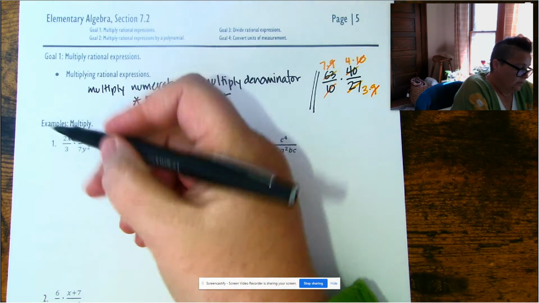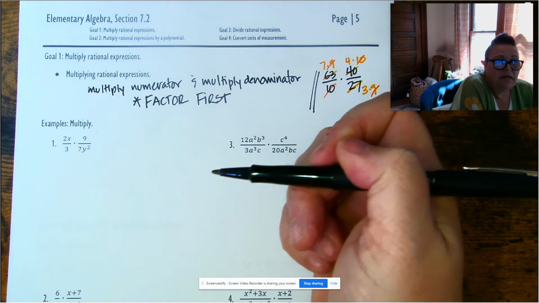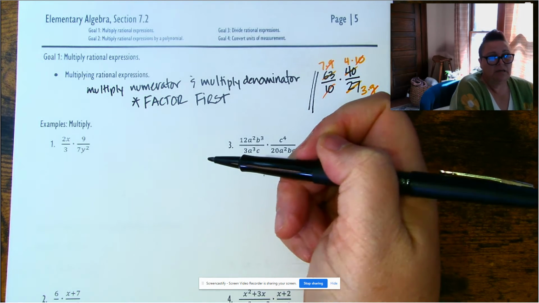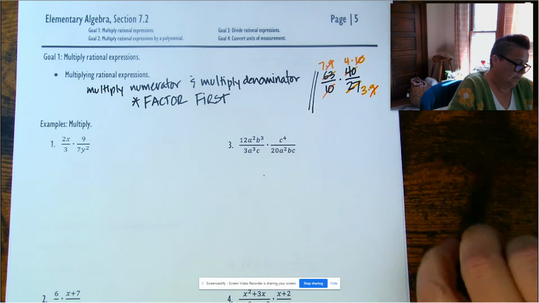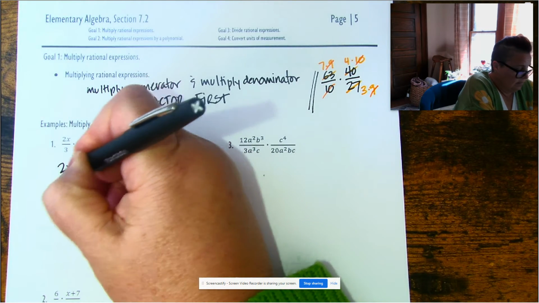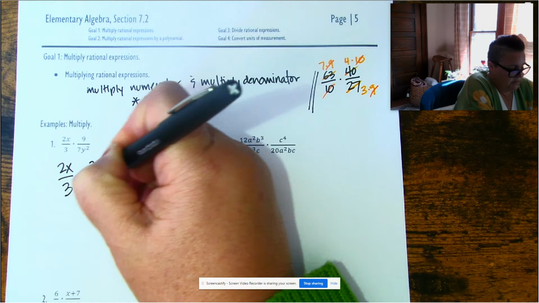Basically, what we want to do is look at this and see, does anything cancel? So the 2x over 3 times the 9 over 7y squared. Hopefully you recognize 9 is 3 times 3.